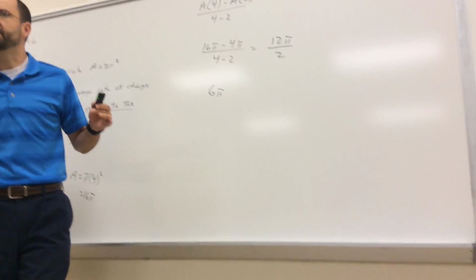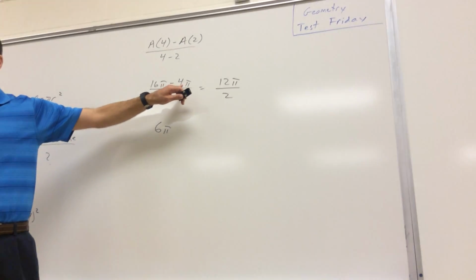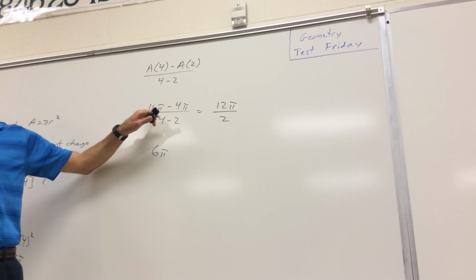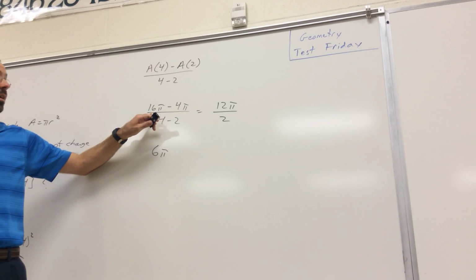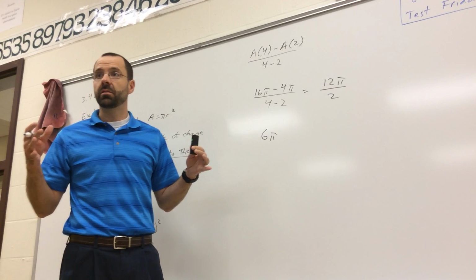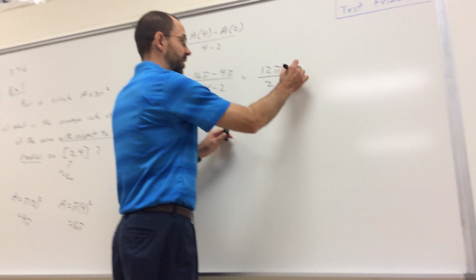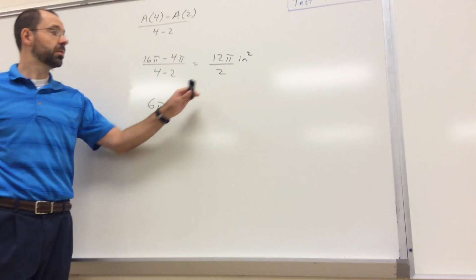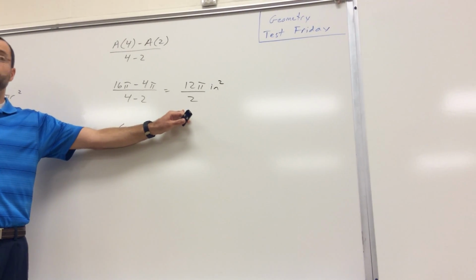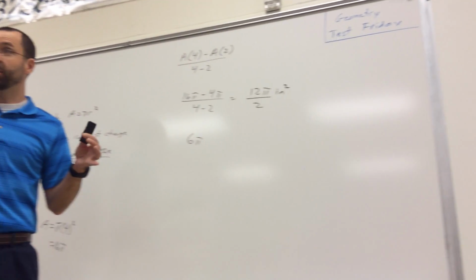Okay, so what's going on here is the area used to be only 4 pi, and now the area is 16 pi. And so that means the extra area is 12 pi. So there's 12 pi extra square inches of area.